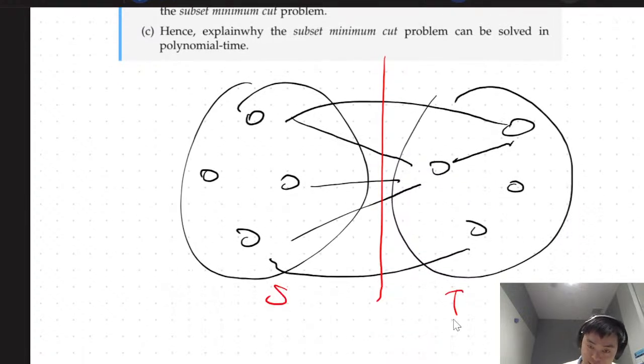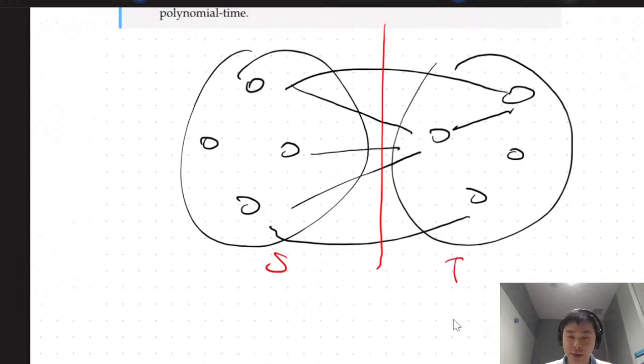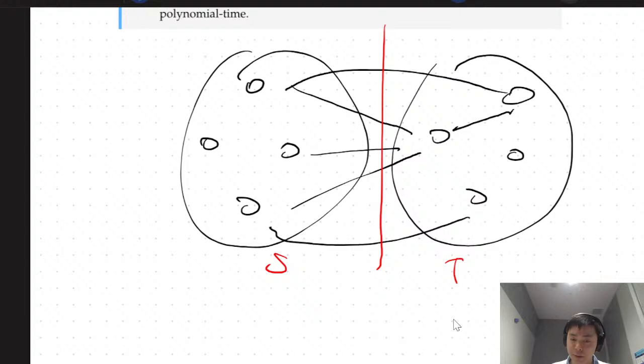So this is S and this is T. If I look at this diagram and I want to find a min cut for two subsets of vertices, how might I do that? A supersource and a supersink. Okay. So I create a vertex here and a vertex here, and then what do I do?